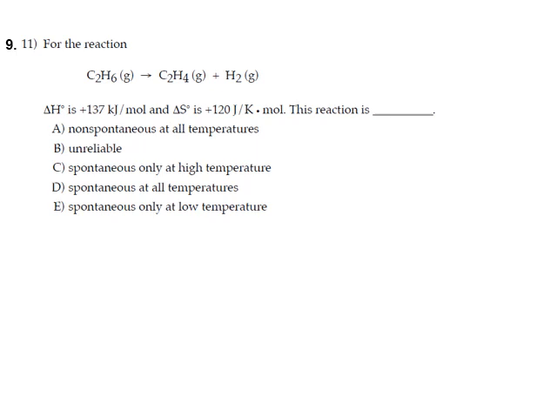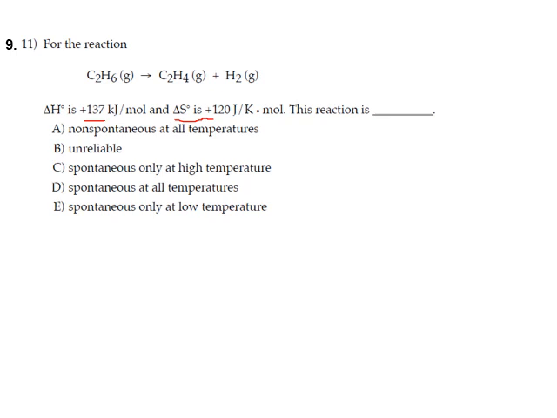All right, another interesting problem. For the reaction C2H6 gas gives C2H4 gas plus H2 gas, we have the delta H value given here as plus 137 kilojoules per mole, and the delta S is plus. And in this case, to tell you the truth, all we care about is the signs. So let's think back over what the rules are for things to be spontaneous.